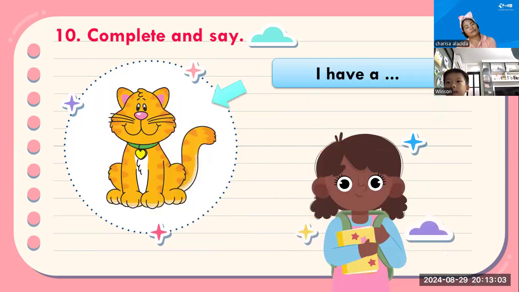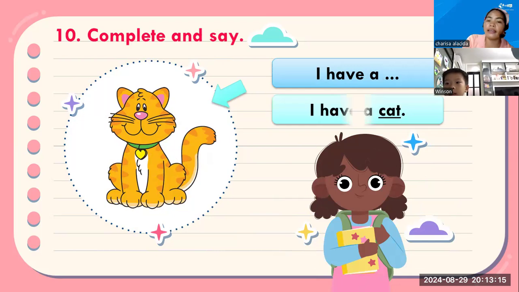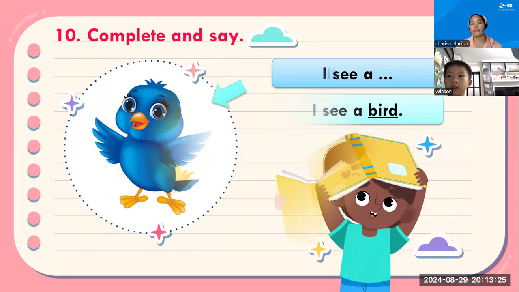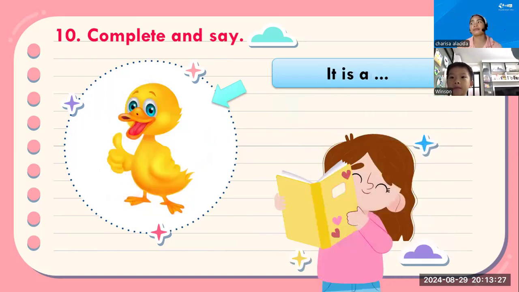Next, I see the cat. Okay, I have a cat. Again, I have a cat. Okay, next, I see a bird. Very good. Next, I see a duck. Look at it first.